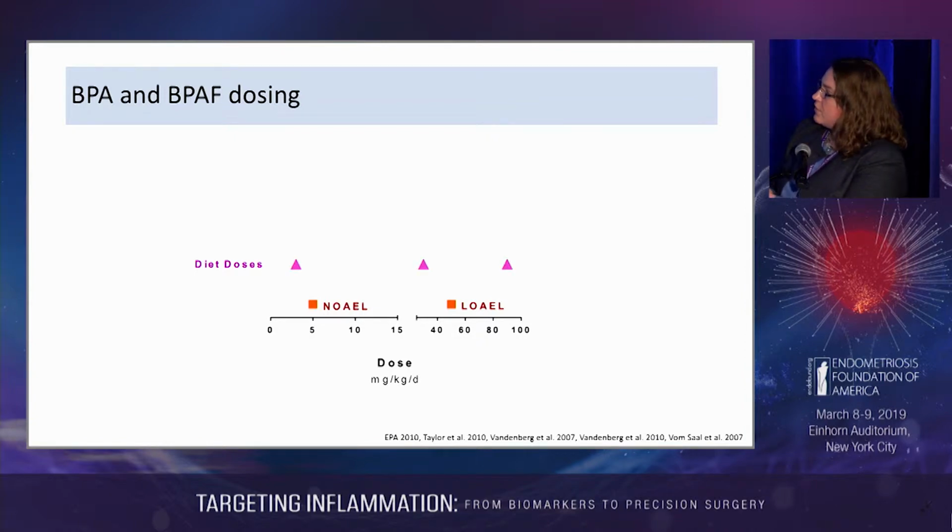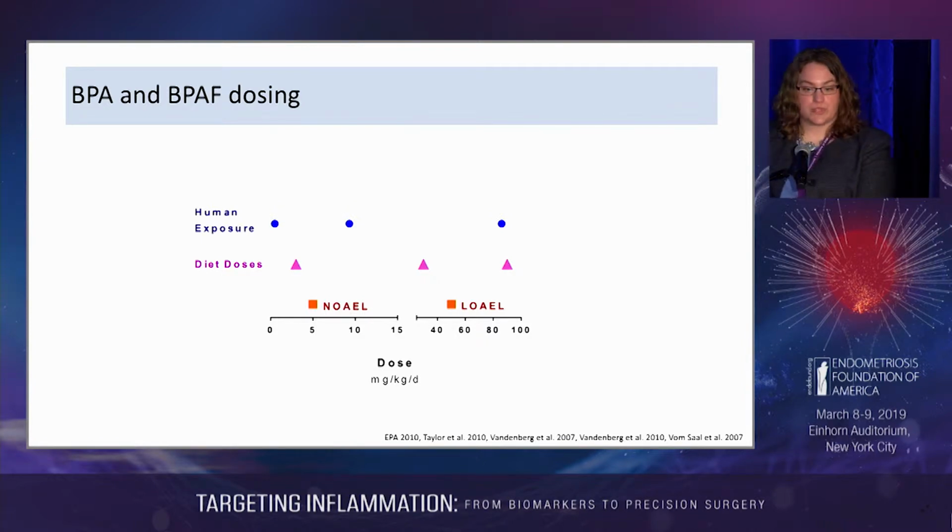Our doses are 3 mg per kg per day, 50 mg per kg, and then 90 mg per kg. Based on a series of well-documented publications, human exposure levels are completely within this range, so we are trying to demonstrate that we're getting the right doses.